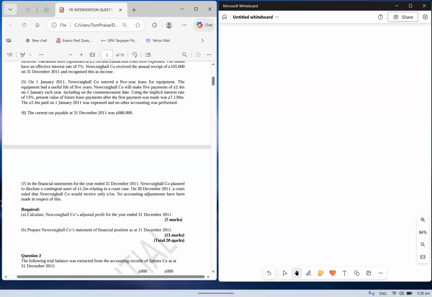Every 20-mark question, you have 4 pages to do that. So in questions like this, use the first page for your proper answer, the second page also for your proper answer. Pages 3 and 4 will be workings for your answers. All right. So take note of that. That is the best way to actually approach this.